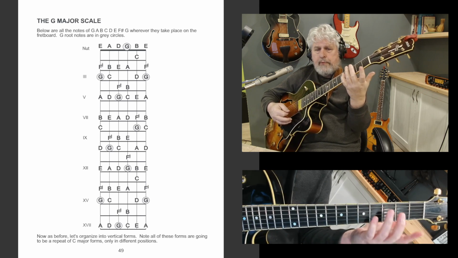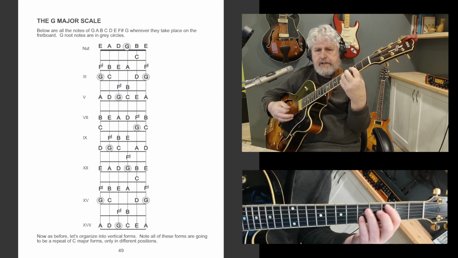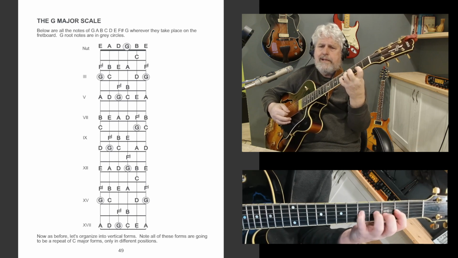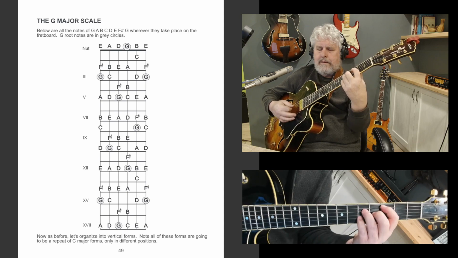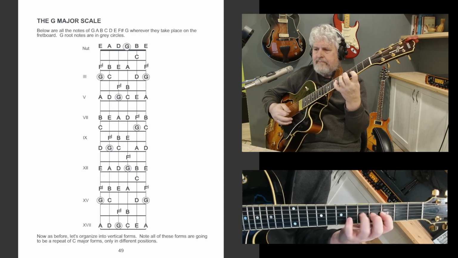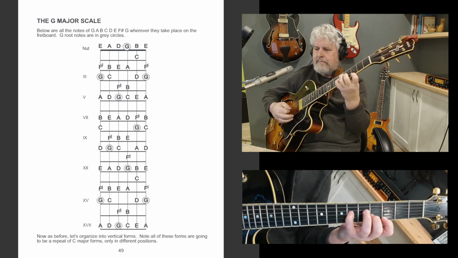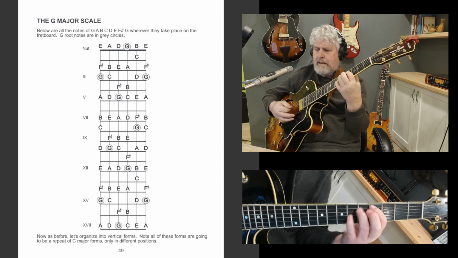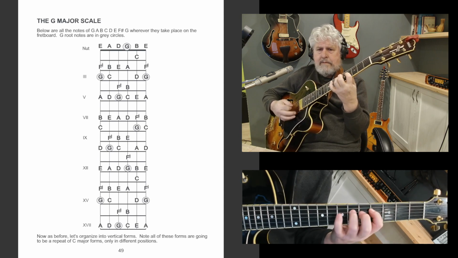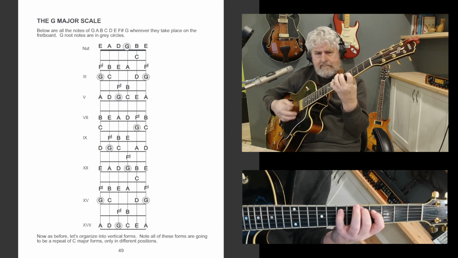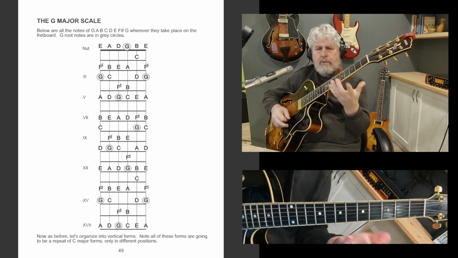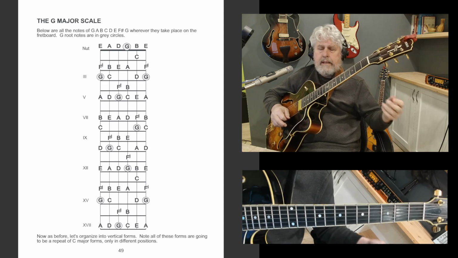Now, if I want to practice a C major scale using Lydian, it sounds great.